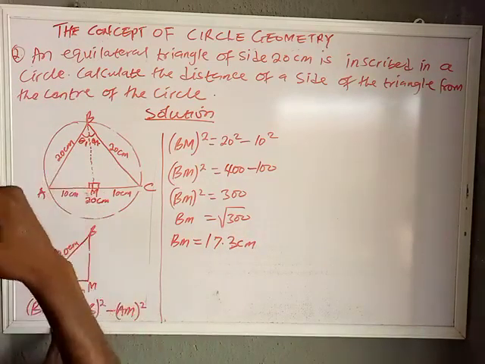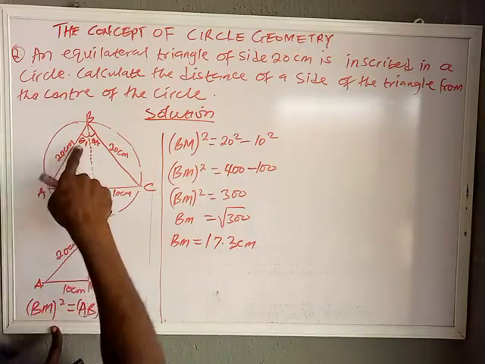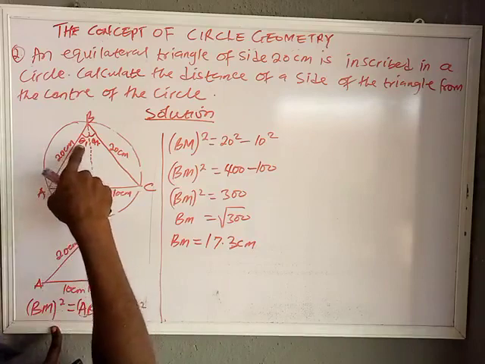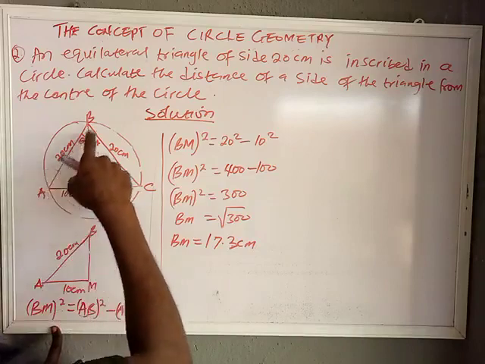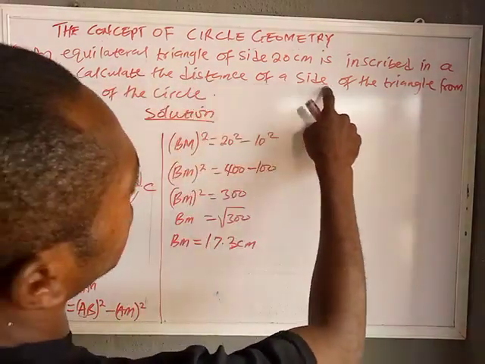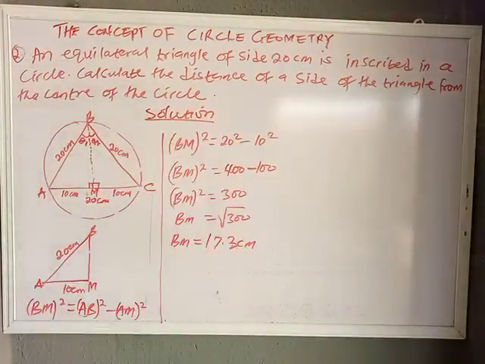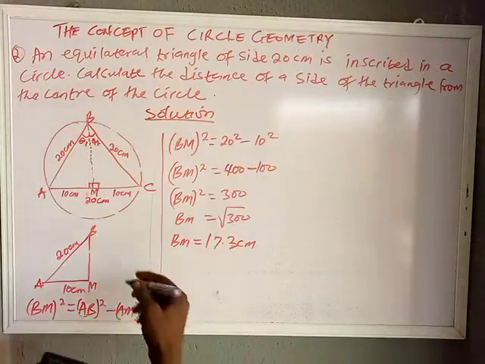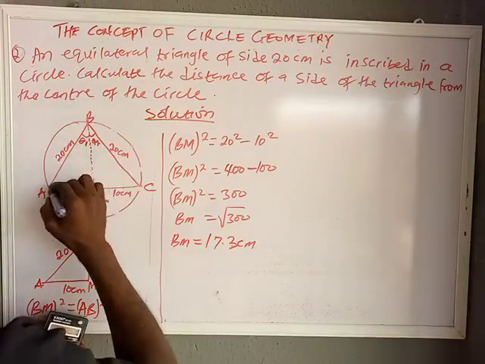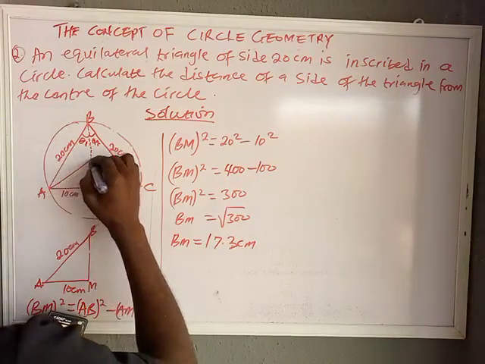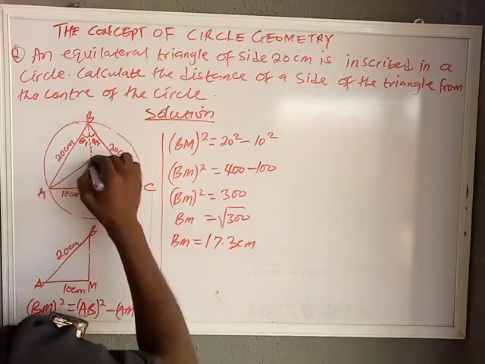Next, let's calculate this angle. Don't forget they say calculate the distance of a side of the triangle from the center of the circle. Before we look at this, let's say we have a radius from the center, call it O, to any part of the circumference.